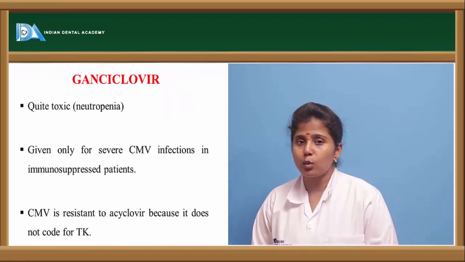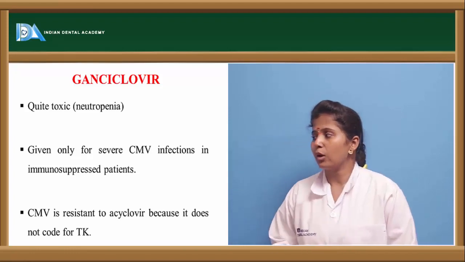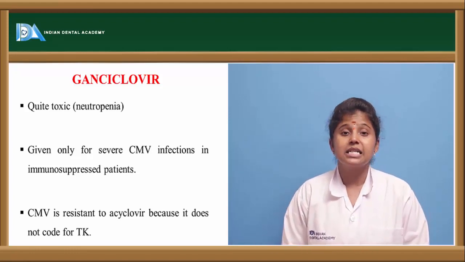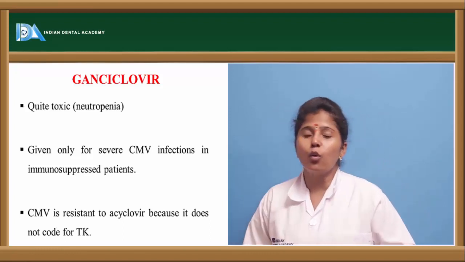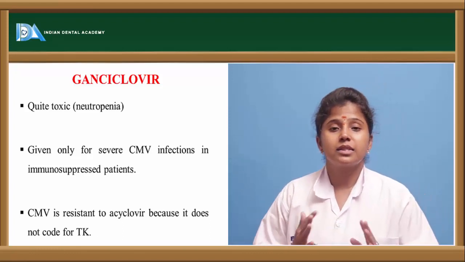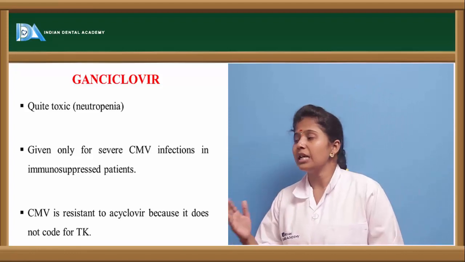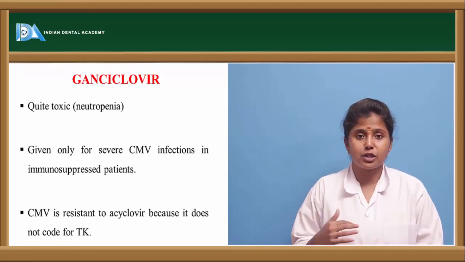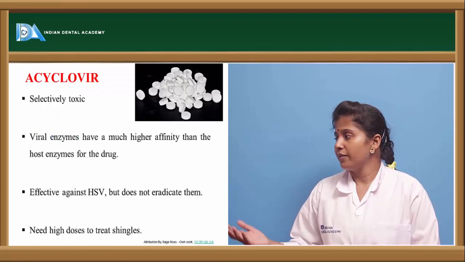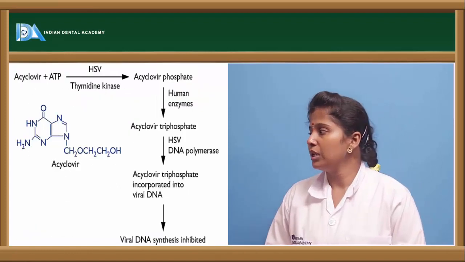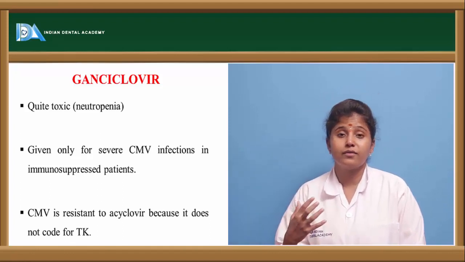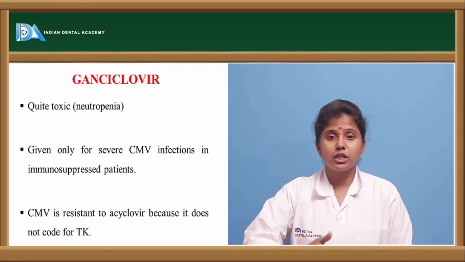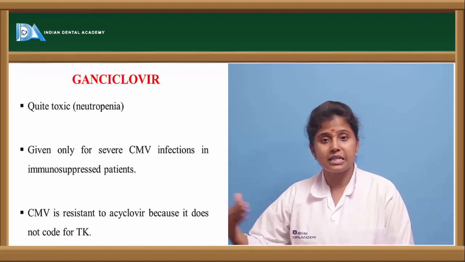The other drug is ganciclovir. Ganciclovir is more toxic when compared to acyclovir. It may cause neutropenia, in the sense that it will reduce the neutrophil count, and it is given only if the cytomegalovirus infections are severe.